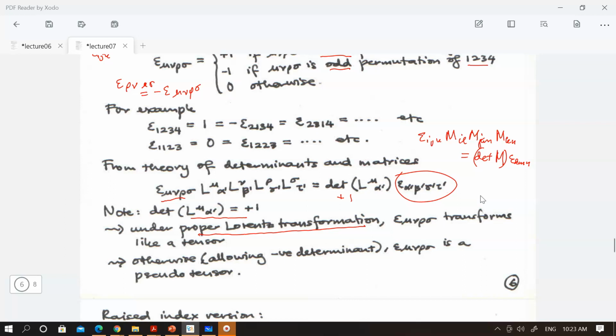This is good because you can treat this as a tensor. But if you include things such as the boost, then you'll find that your epsilon mu nu rho sigma is not really a proper tensor, but it's sometimes called a pseudo tensor.